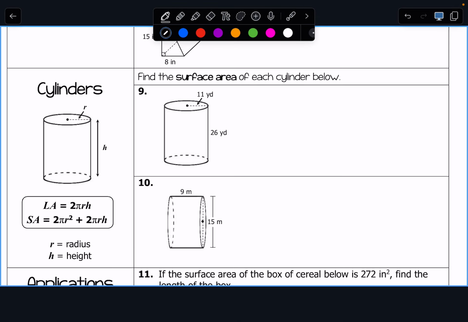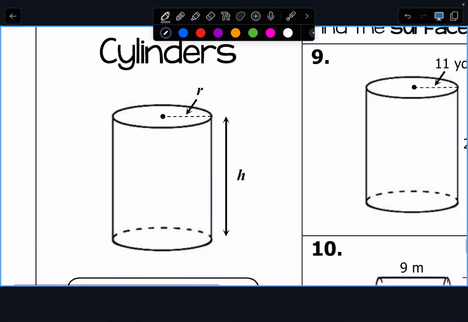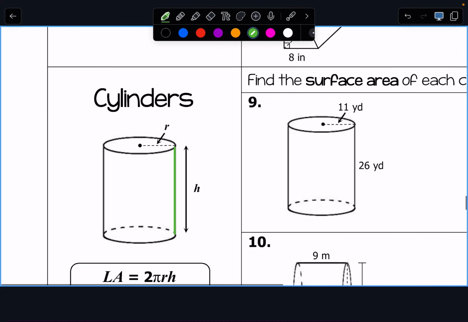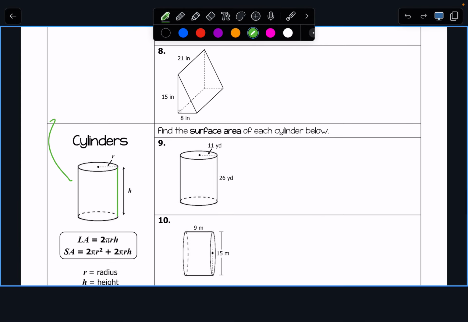Okay. Imagine for me, please. Imagine that I snip, I cut this cylinder and I lay this part out flat. What's it going to be? It's going to be a rectangle. Okay.